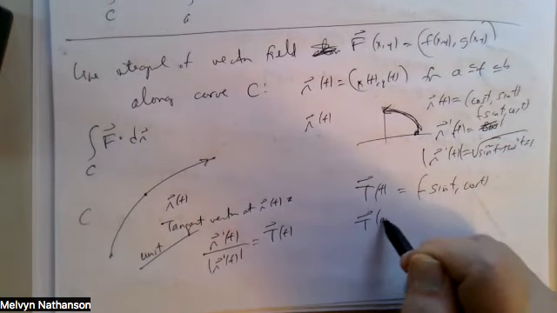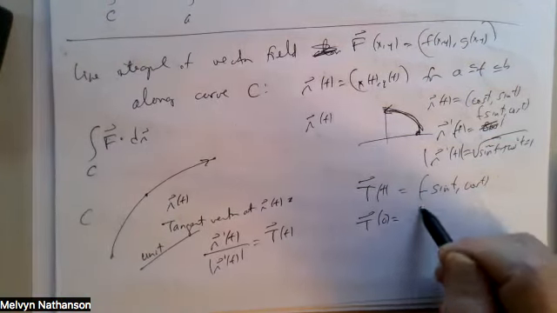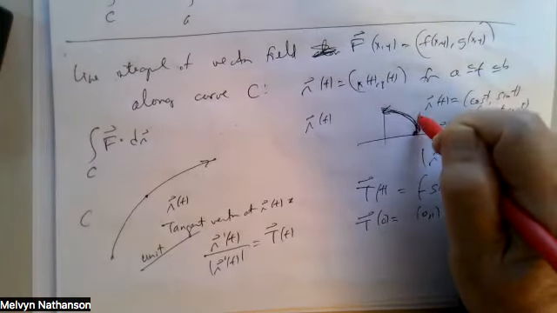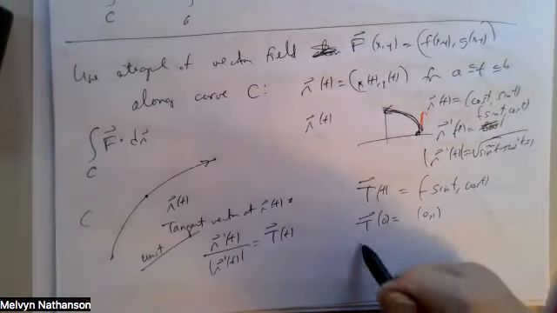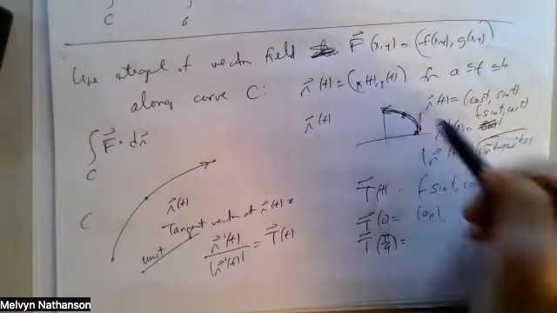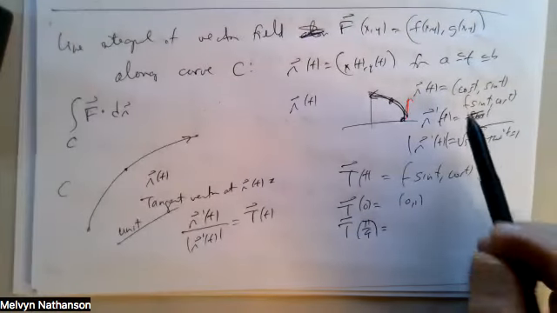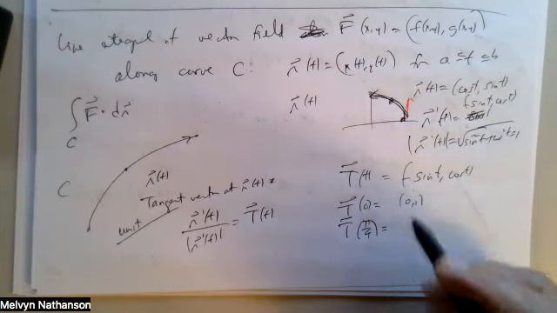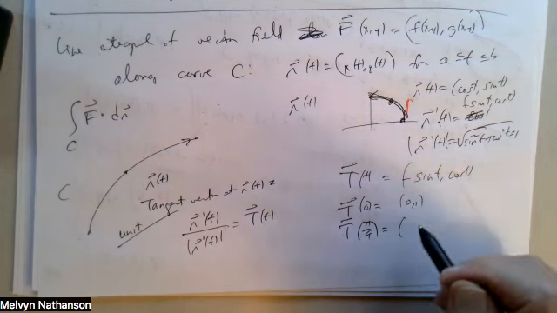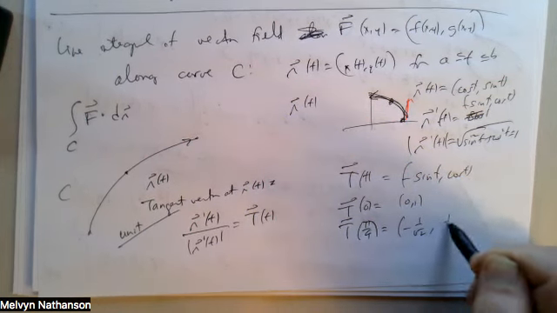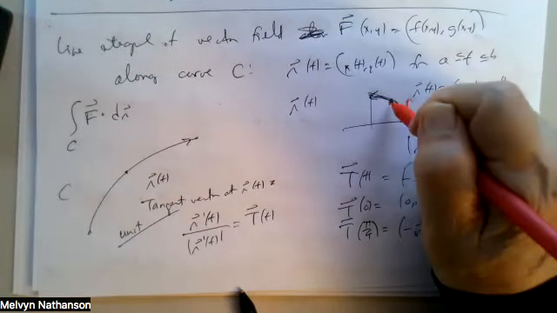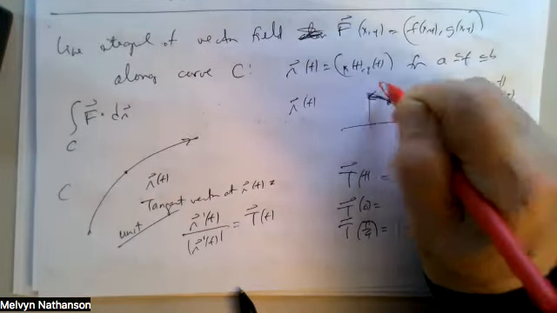So the unit tangent vector at 0 is 0, 1. The unit tangent vector, for example, at pi over 4, this point on the circle, sine pi over 4 and cosine pi over 4 are both 1 over root 2, so it's minus 1 over root 2, plus 1 over root 2. That's the unit vector in this direction.